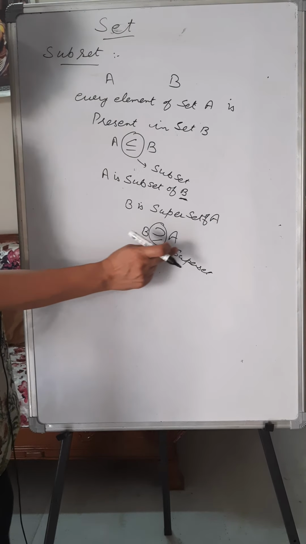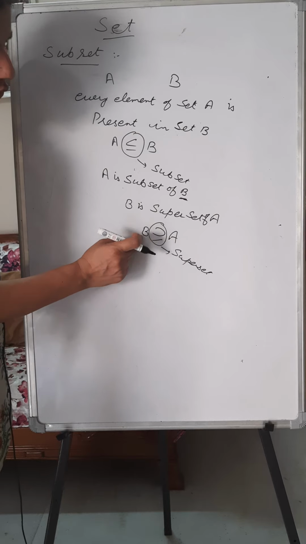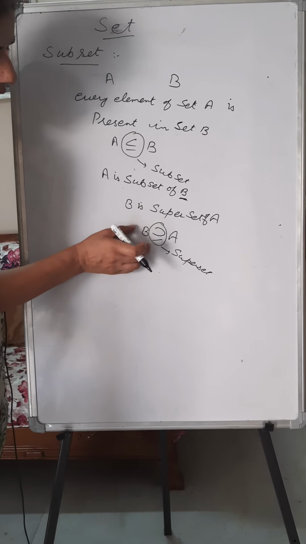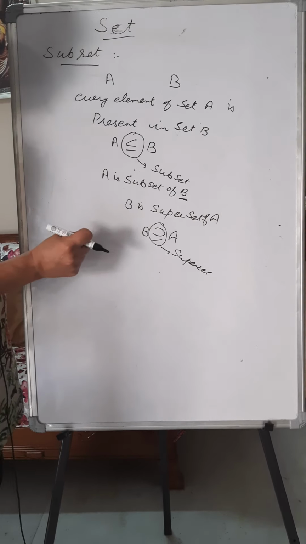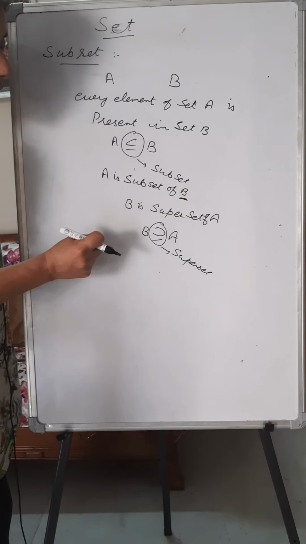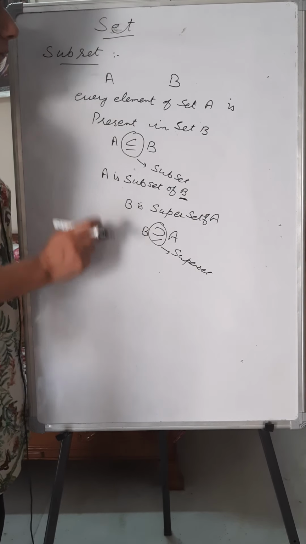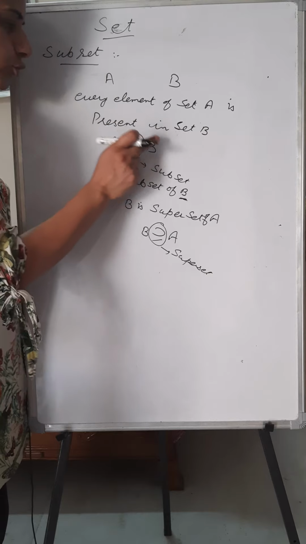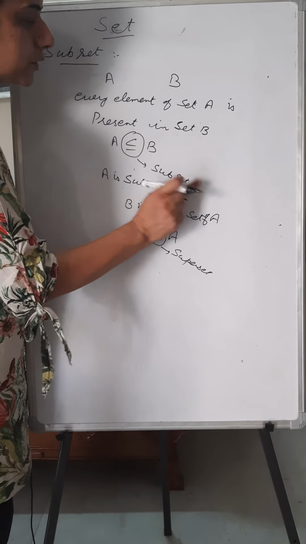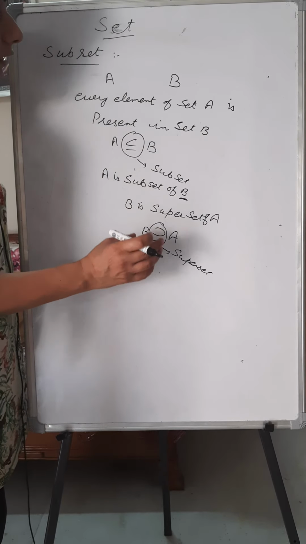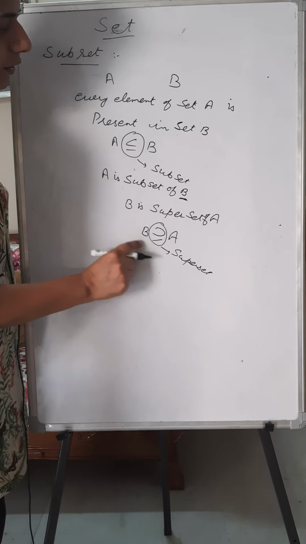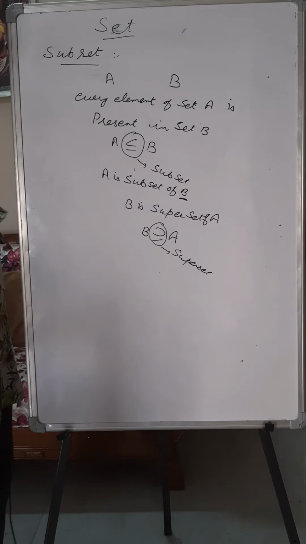It also means that every element of A belongs to B. B contains all the elements of A, that's how B is a superset. Every element of A belongs to B means A is a subset of B. B contains all elements of A, so B is a superset of A.